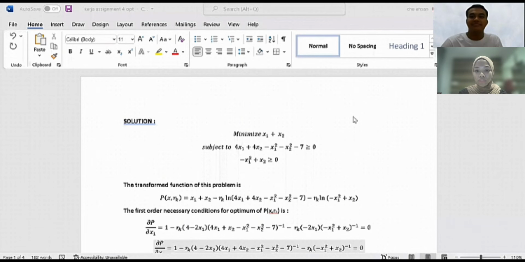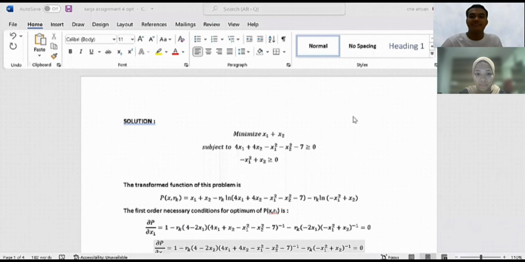Firstly, the transform function of this problem is x1 plus x2 minus rk times ln(4x1 plus 4x2 minus x1 squared minus x2 squared minus 7) minus rk ln(negative x1 squared plus x2), which we take from the above equations.